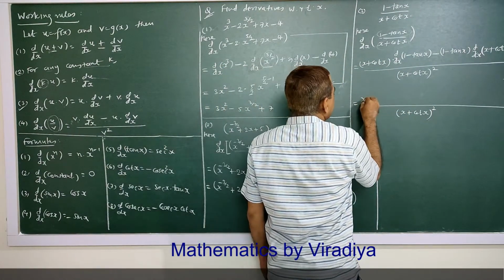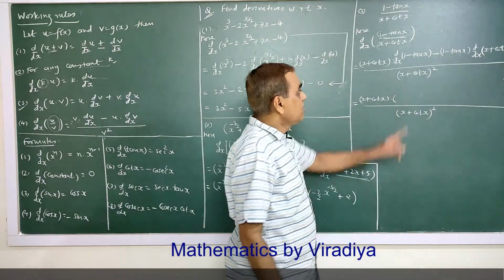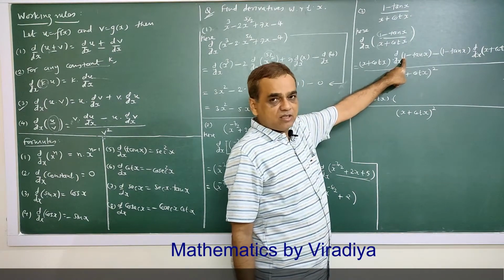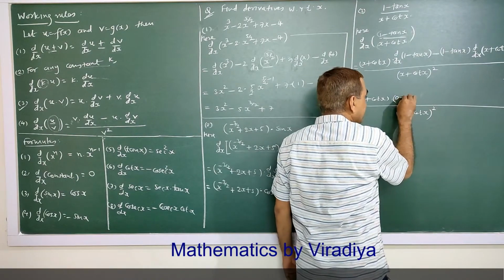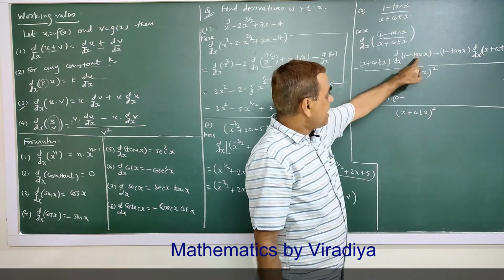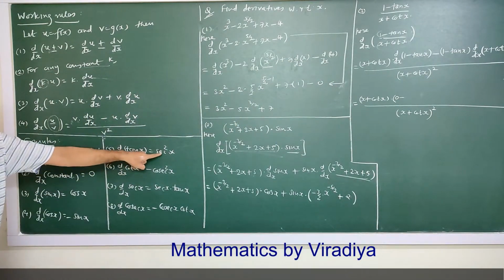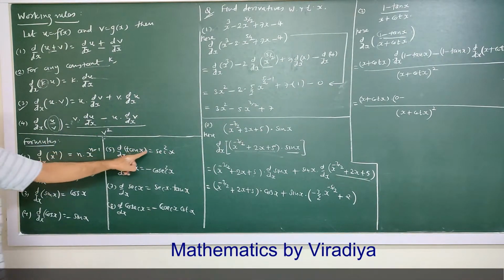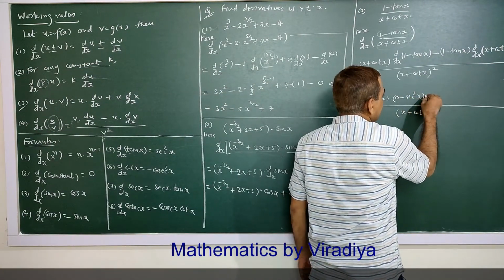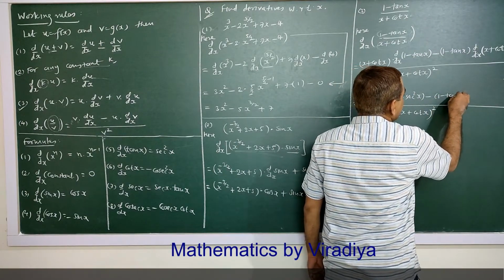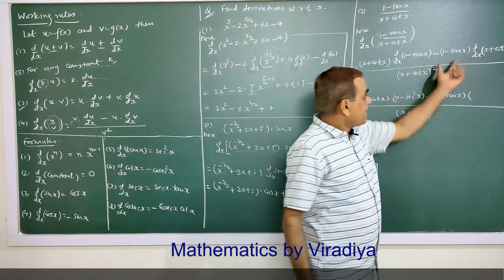This is x plus cot x into, now derivative of 1 is constant, derivative of constant is 0, minus derivative of tan x, derivative of tan x is sec square x, so I keep here sec square x, minus (1 minus tan x) into this number as it is.